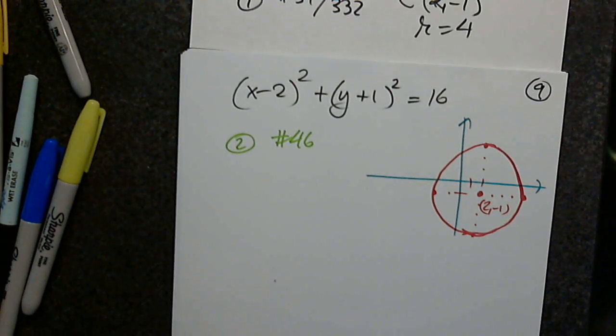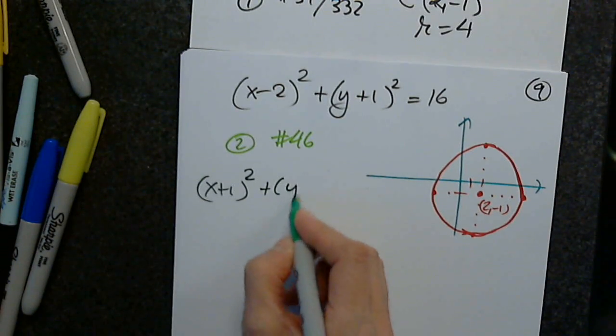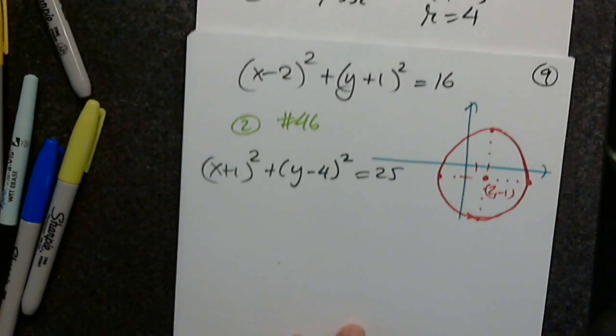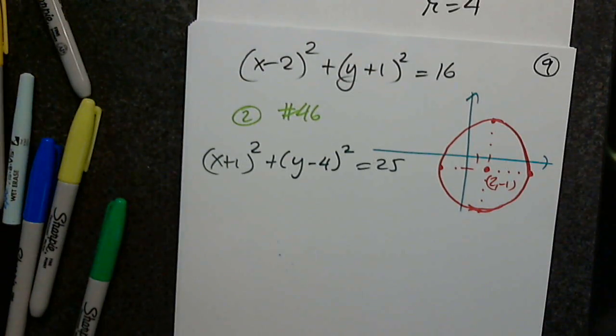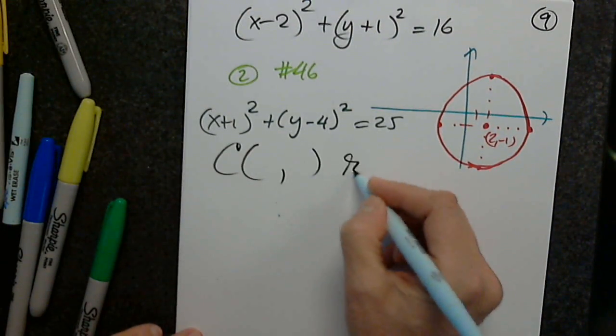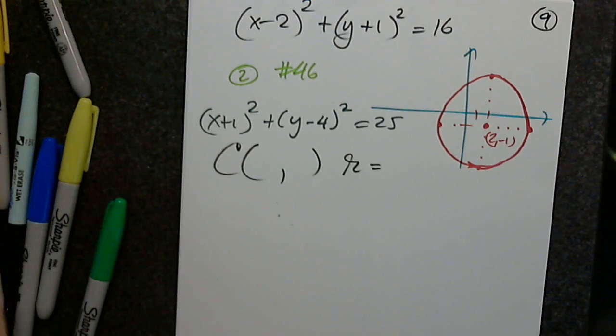Okay, 46. In 46, we're asked, this is the other way around. We are given the equation. And we're asked to determine the center, determine the radius, and possibly graph it. So, what is the center and what is the radius for number 46? Let's start with the radius because it's the easiest. 5.